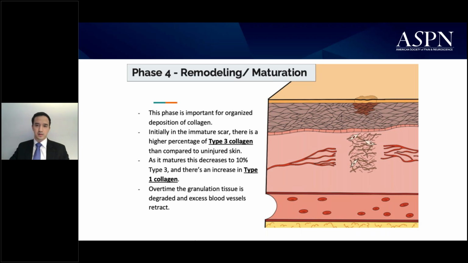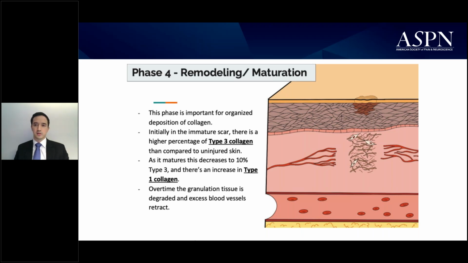As we saw in the previous slide, type 3 collagen initially predominates after fibroblasts synthesize it in granulation tissue. Compared to the uninjured tissue, however, this immature scar typically only has about 25% of the tensile strength as compared to the uninjured tissue. The scar tissue remodels and matures via collagenases, matrix metalloproteinases, and other enzymes secreted by various cells within the wound bed.